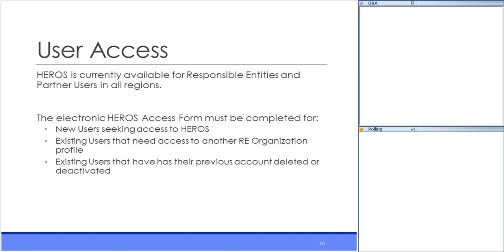And the electronic HEROS access form must be completed for new users seeking access to HEROS, existing users that need access to a different organization or profile if you work for a different organization now, or existing users that have had their previous account deleted or deactivated.